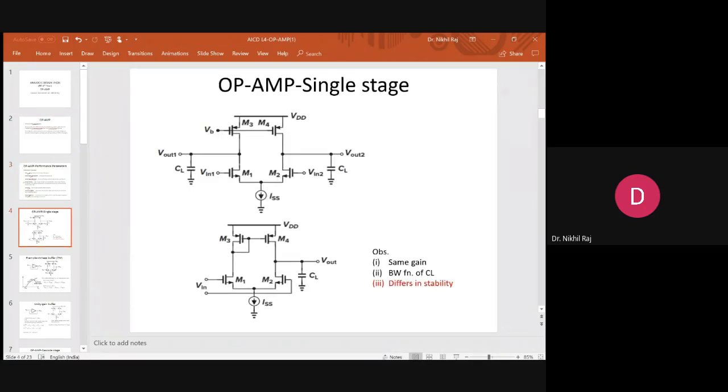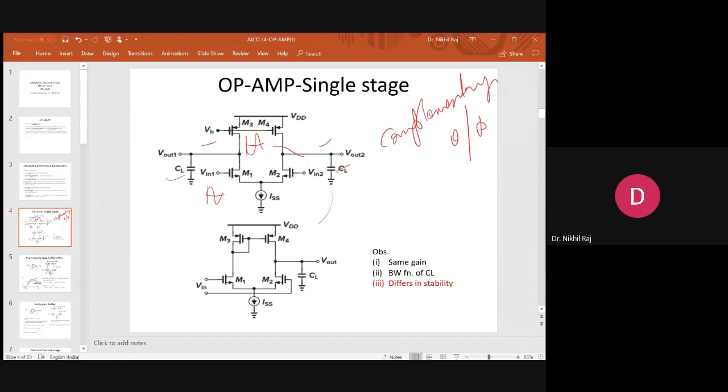We started with the single stage OPAMP, where this CL is a complementary output. Two output terminals are there. If this is giving this signal, the output will be like this, and similarly the opposite case here. Since it is complementary, it will offer a high swing. This way we decide which topology is better for which place.